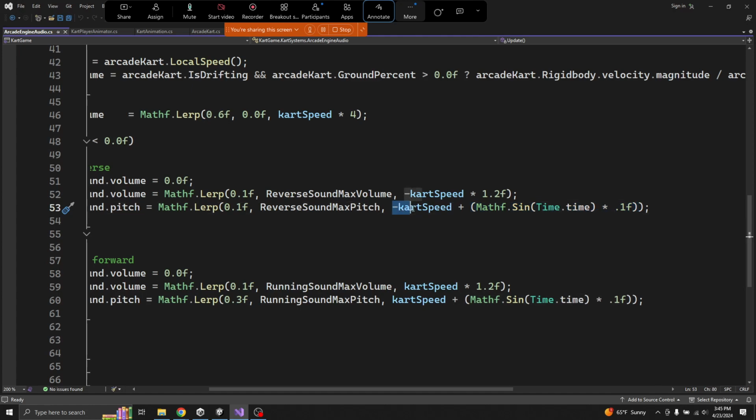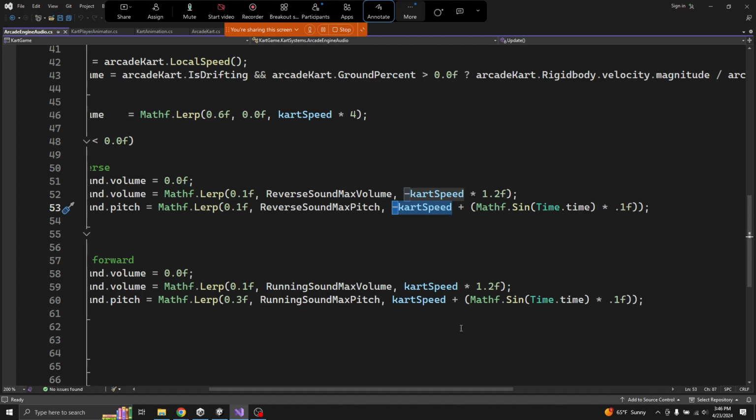And then we're just adding that to whatever our cart speed, which would be something higher, maybe something like 0.8, 0.9, and it's going to fluctuate. That's what makes the engine noise oscillate. So it's making the pitch change from like 0.6 to 0.7 to 0.8 to 0.9, back down to 0.8, 0.7, 0.6.